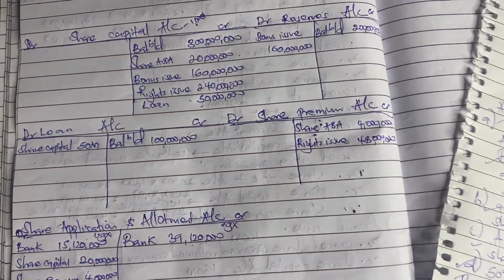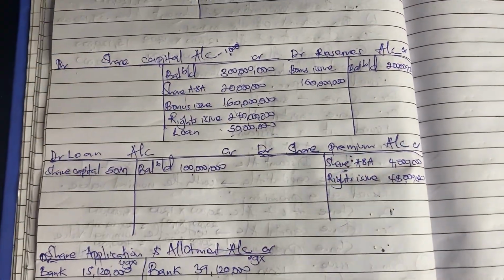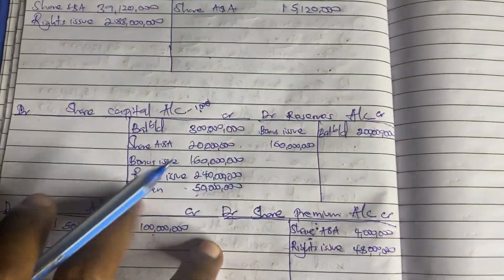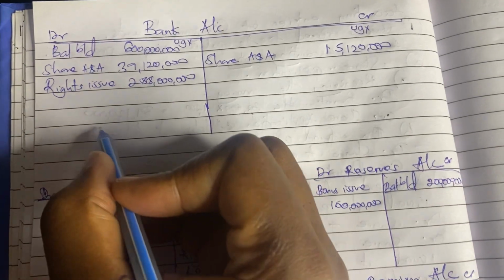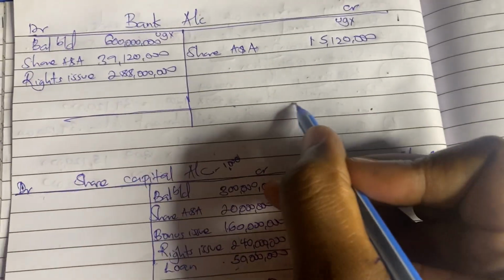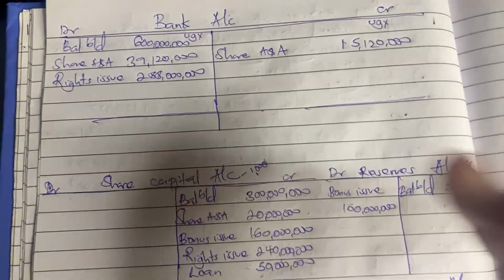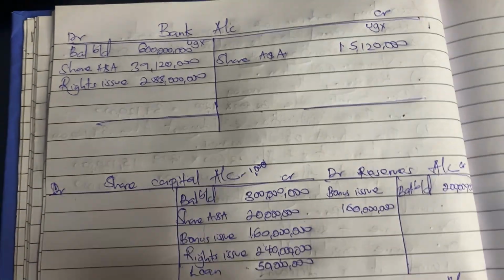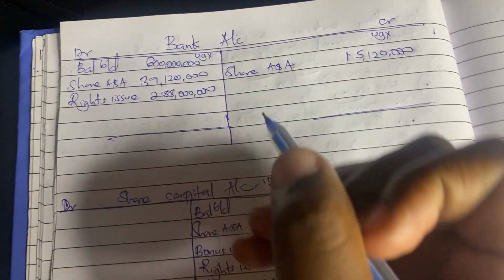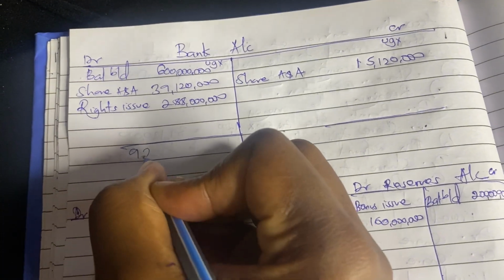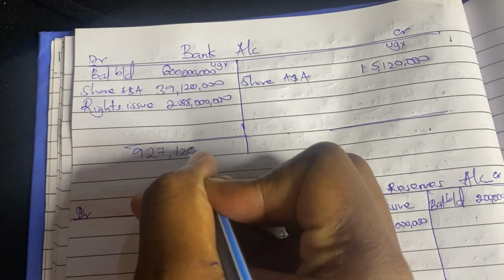So the next thing that we do is to balance these accounts. So we balance the bank account. This plus this plus this, what we get is 927,120.